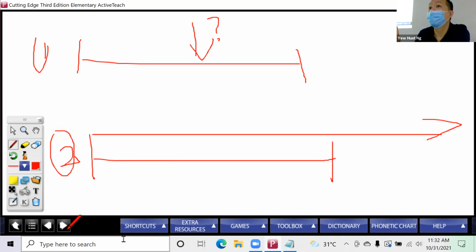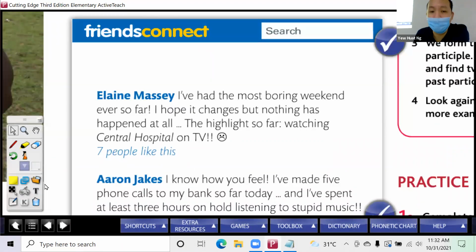Two, right? Okay. So let's test. It's two. And what is the meaning of so far? Till now, yes. Till now, 到目前为止.